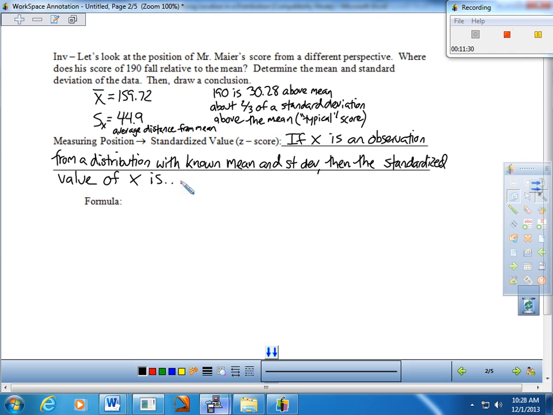and then as you can see on your paper, there's a nice little formula to get us thinking about it. And here's pretty much what I did to come up with my z-score, and we'll do this a little more formally in just a second. I did it more of an estimate in the investigation, but to get our z-score, we take our individual observation, subtract the mean, that's what I did, subtracted the mean, and then divided by the standard deviation.